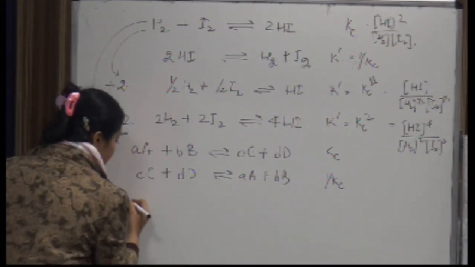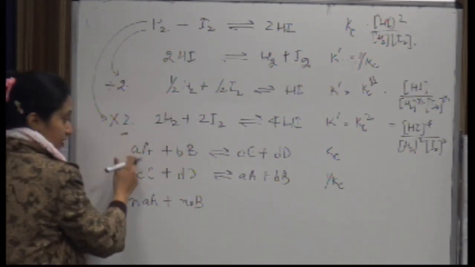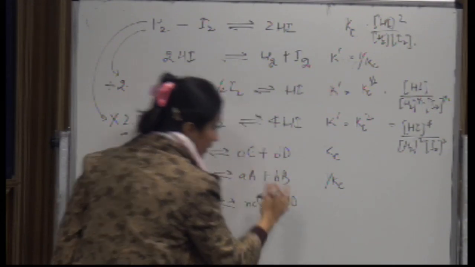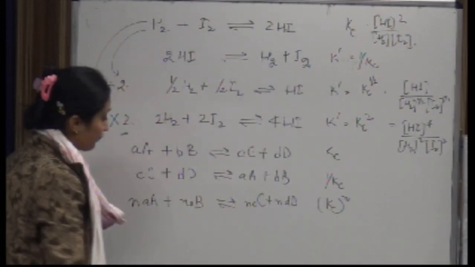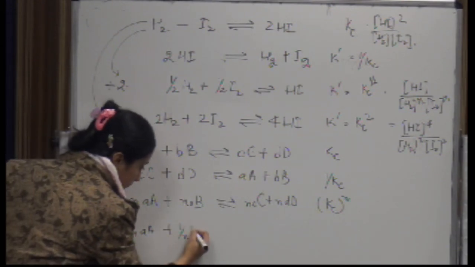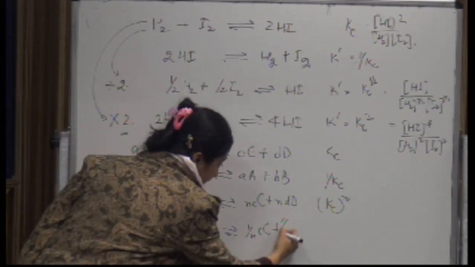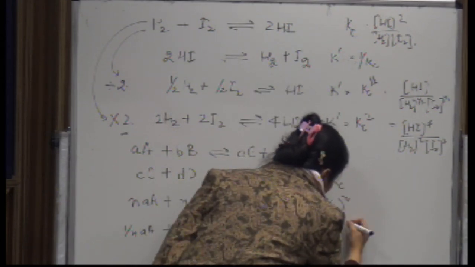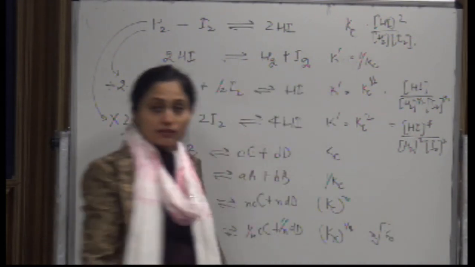If I am multiplying this reaction by n, then my equilibrium constant will now be Kc to the power n. And if I am dividing it by n, then my new equilibrium constant is nothing but Kc to the power of 1 by n, or you say it is the nth root of Kc.